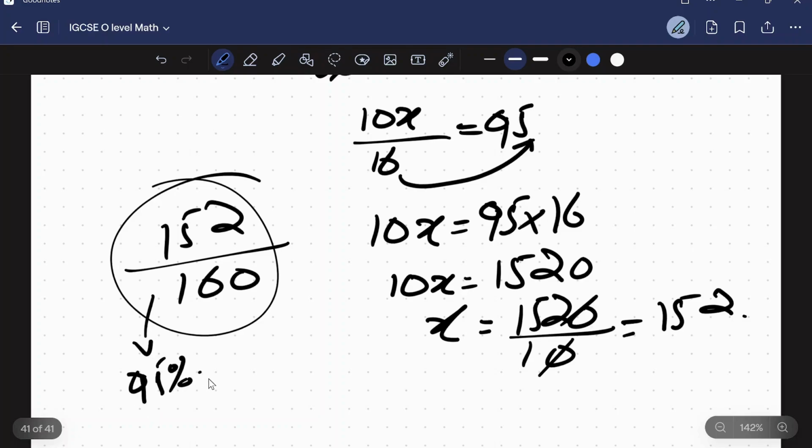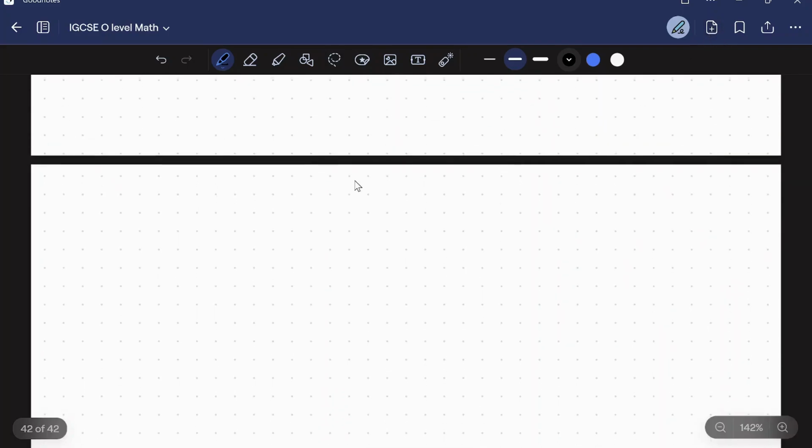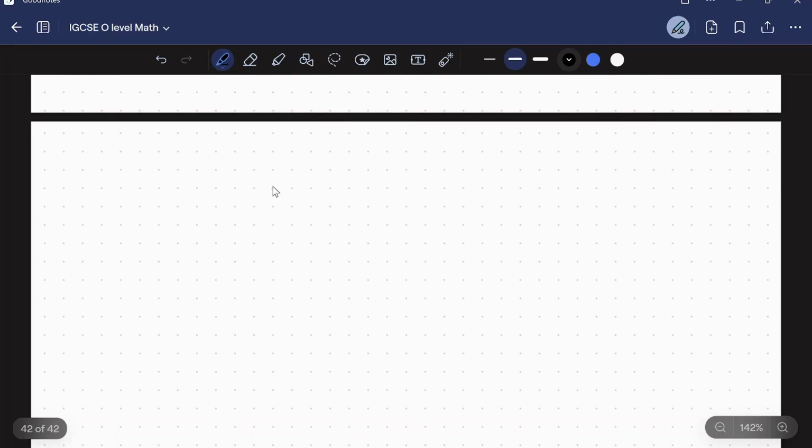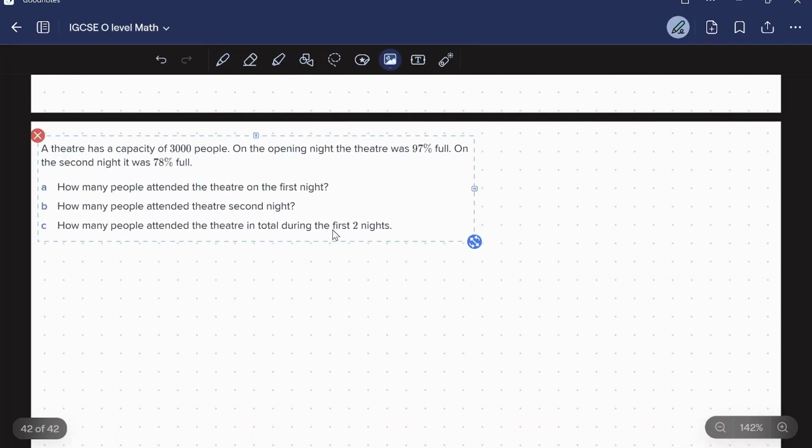Okay, so this is the most common problem, or the common example we can see in our daily life, right? Let's see another example. So the next example we have is: a theater has a capacity of 3,000 people.